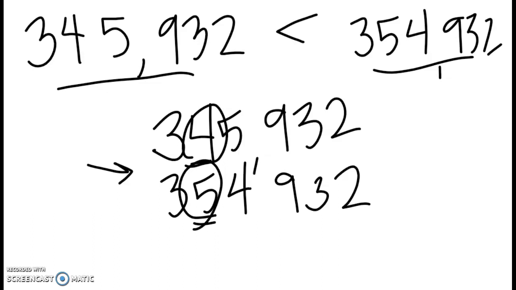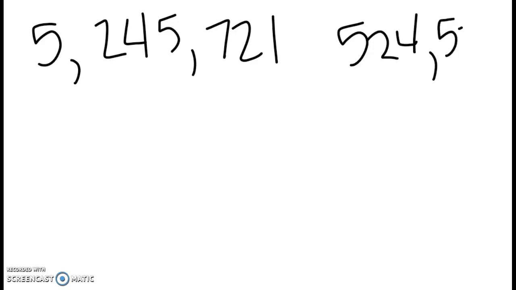Now let me show you why you need to be careful when you line them up. If I have something like this, there's my first number. There is my second number. So look, they both start with 5, then they have a 2, then they have a 4, then they have a 5. Okay, so the digits are looking the same.